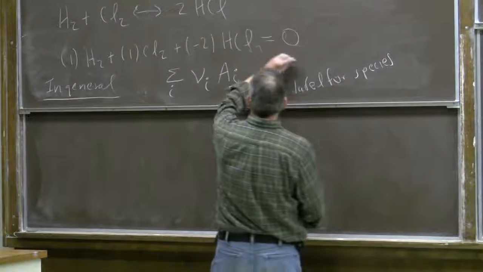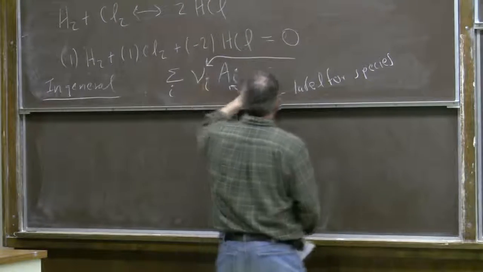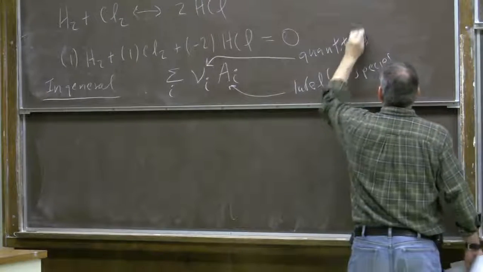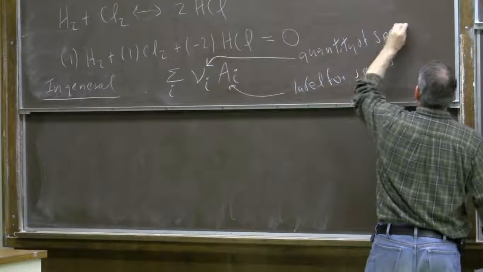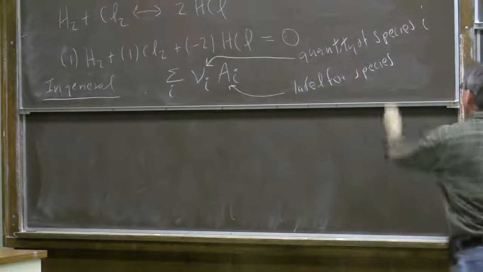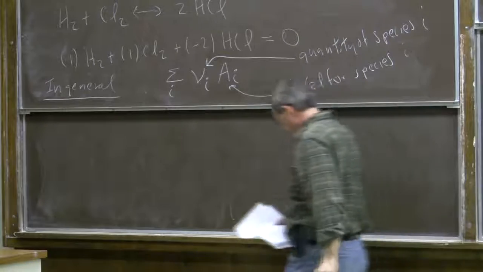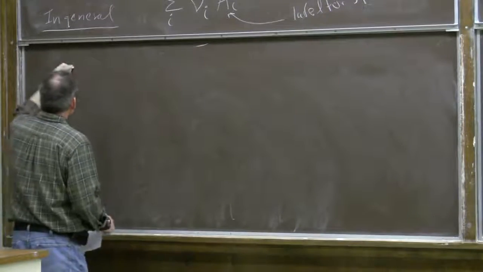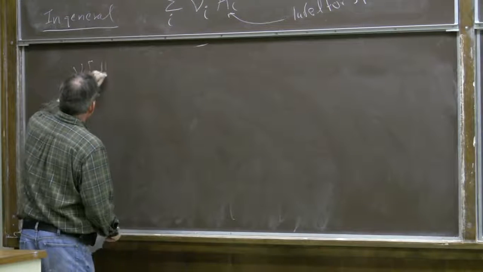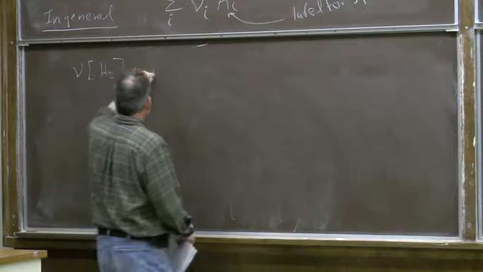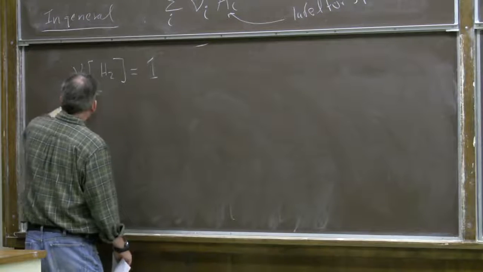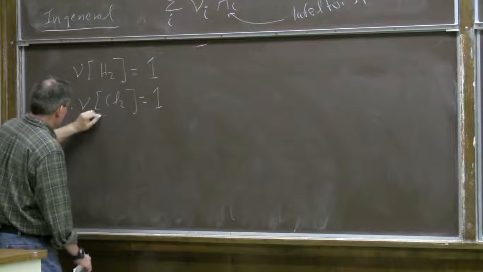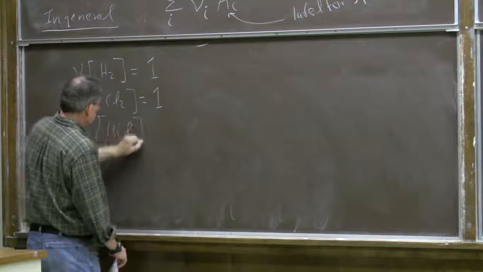And nu is a quantity which characterizes the reaction for species i. So in this example, nu for molecular hydrogen is 1, as is nu for chlorine. Nu for HCl is minus 2.